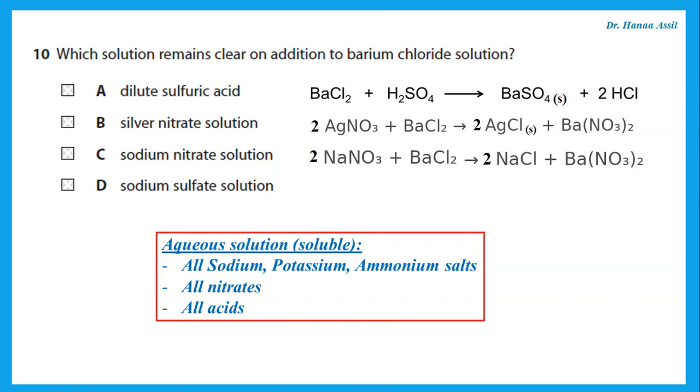And it will give barium nitrate, and we know that all nitrates are soluble. So this is actually the one that will give a clear solution when we add barium chloride. With sodium sulfate, again, this is something that has sulfate, so it forms barium sulfate, which is a white precipitate.